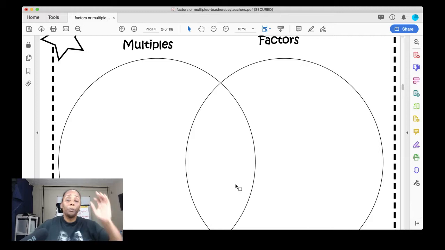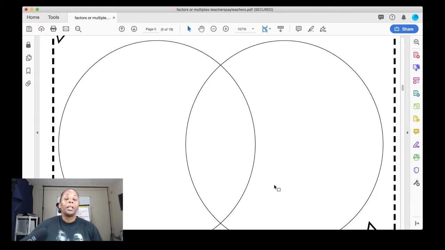It definitely helps to cement their understanding of this, because I'm telling you, especially in fifth grade, when the students have to be able to find common denominators, that's when you realize the students don't have the understanding that they need for those skills, where the factors of multiples.